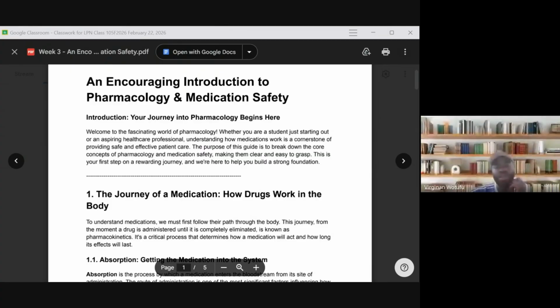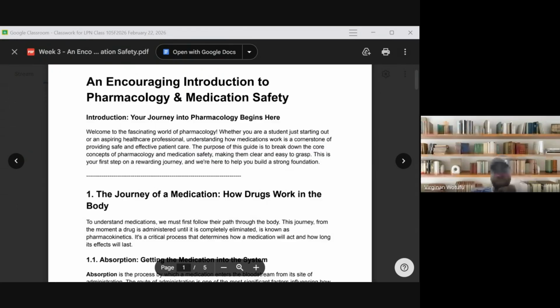So we'll be looking at pharmacology. We'll have a run through on the course, from the introduction, looking at pharmacokinetics, pharmacodynamics, how the medication gets into the body, its various routes, through its target organs and elimination.